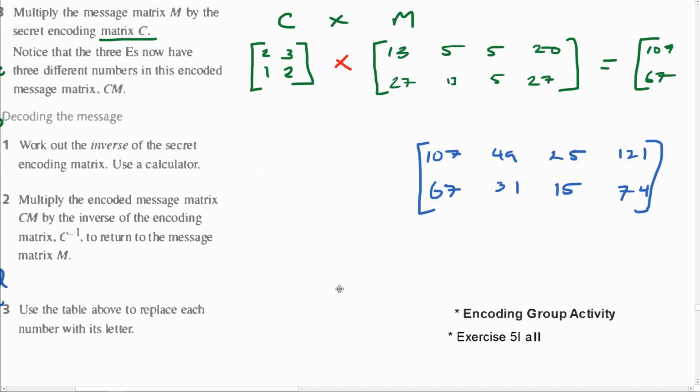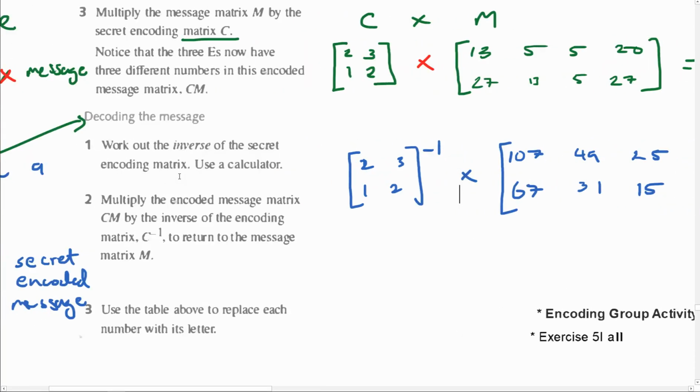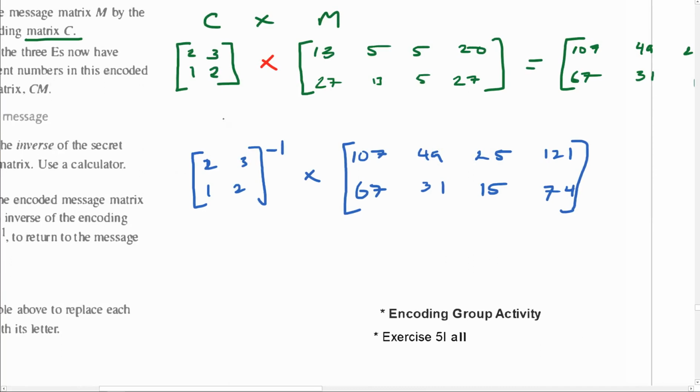So in order to find the inverse of this, remember you can just do this on your calculator, but basically you're gonna go 2, 3, 1, 2. Inverse of that multiplied by this, because remember it's the inverse of the coding matrix. So it's going to be C inverse multiplied by the encoded message, which is C times M.